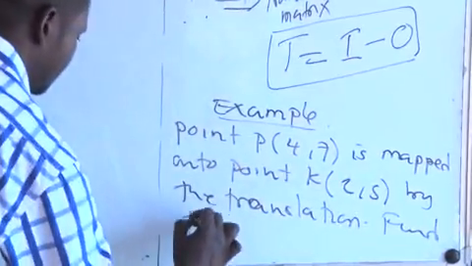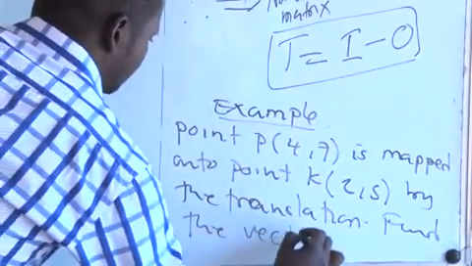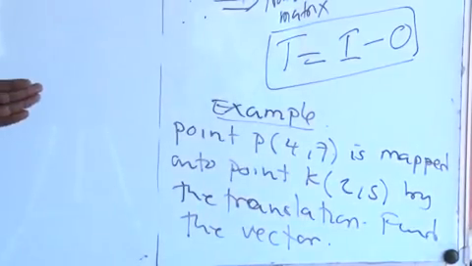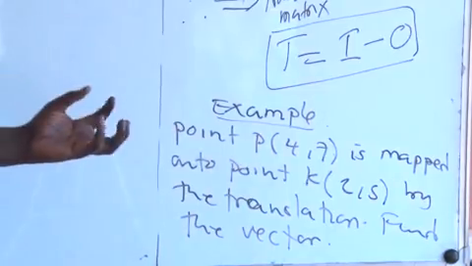Find the vector. Example 1. Point P (4, 7) is mapped.